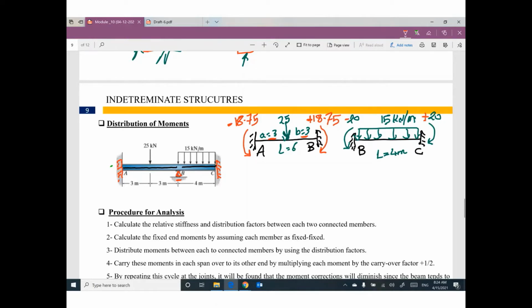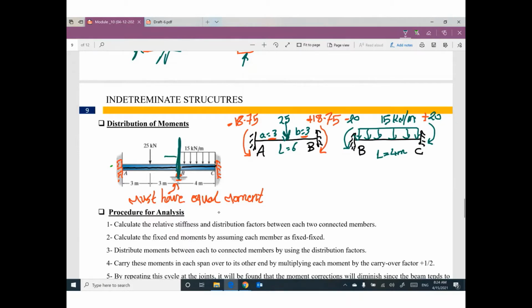What is the problem? The problem is that at this point B, we must have equal moment, because it's the same point.